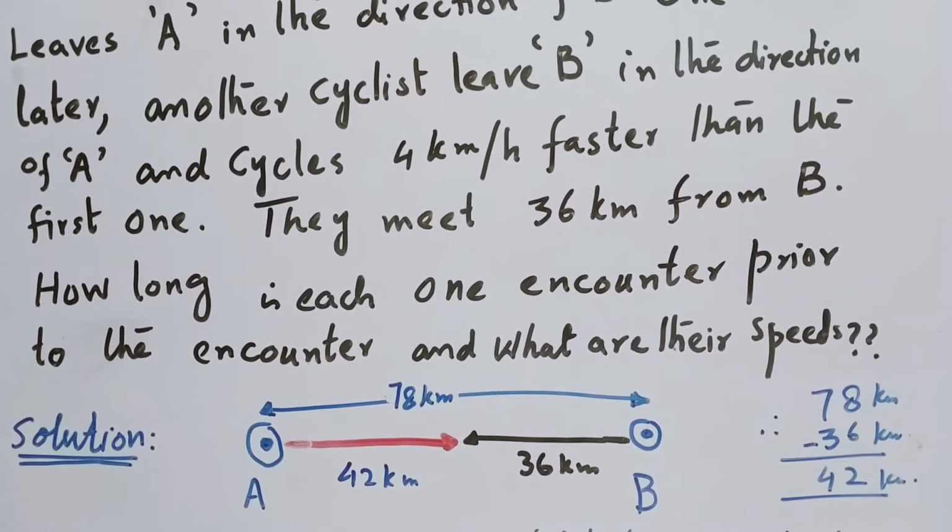If we see the figure, we have two spots over here. One is A and another is B, and the distance between A and B is 78 kilometer.